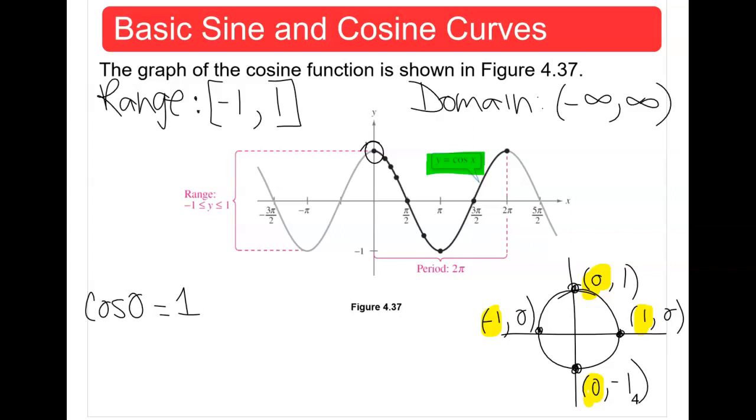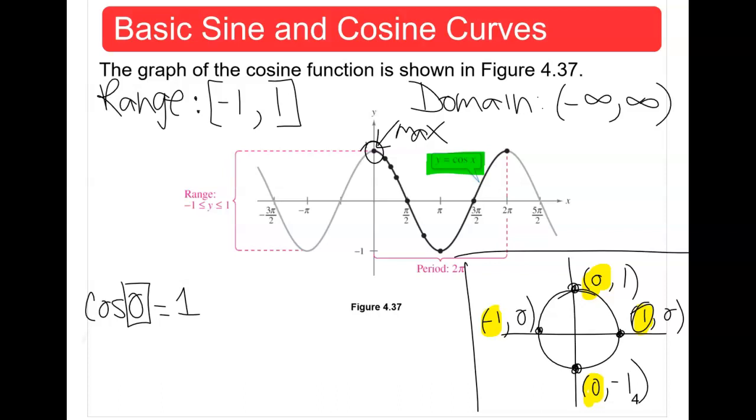So when the angle measure is 0, the y value, and I know this is kind of weird, when we're talking about the unit circle, we call it the x value. So let me just call it input and output. When the input is 0 radians, the cosine value or the output will be 1, which is what we see here. And that is actually going to be our maximum point. Well, one of those.